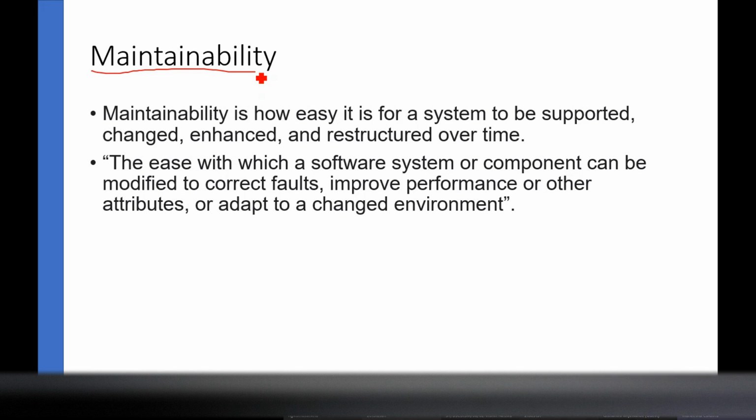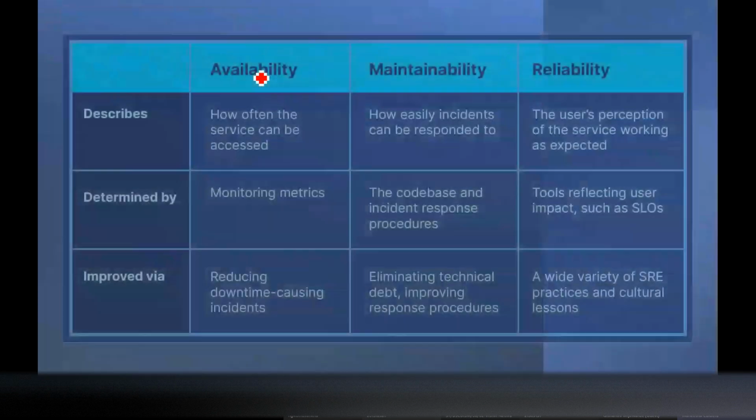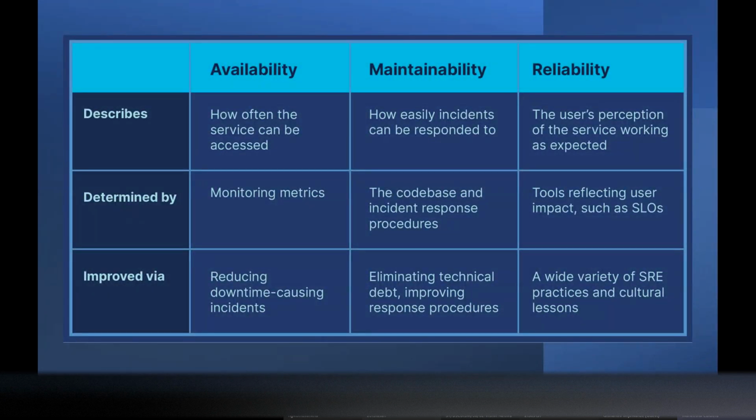Right, that's a bit about maintainability. Now this is a small overview of the entire situation: availability, maintainability, and reliability. What each describes, what it is determined by, and how it is improved. I extracted this table from the internet. Availability is how often the service can be accessed.